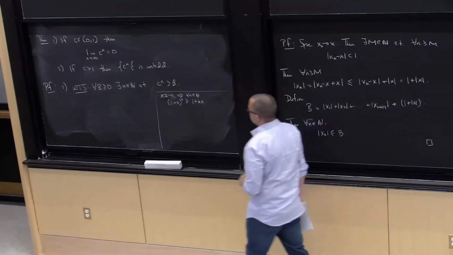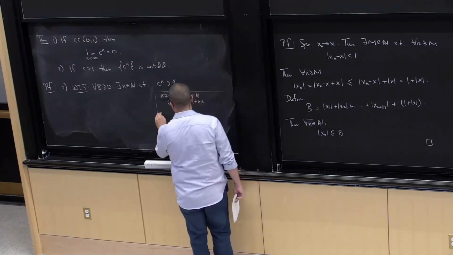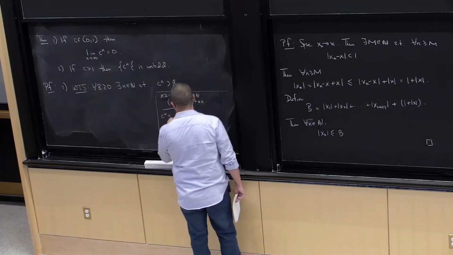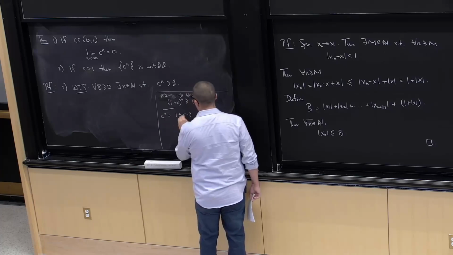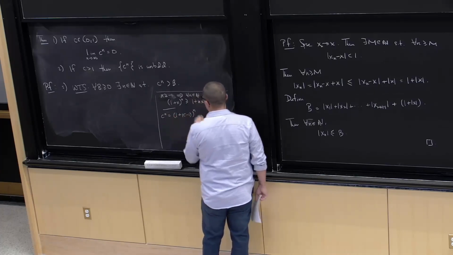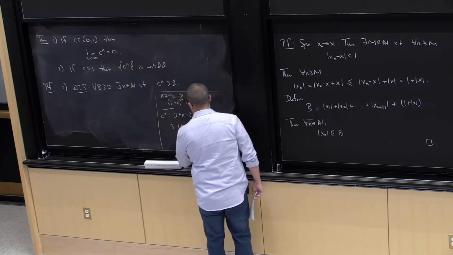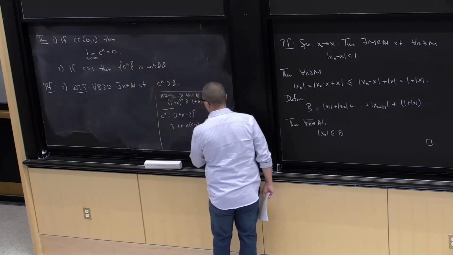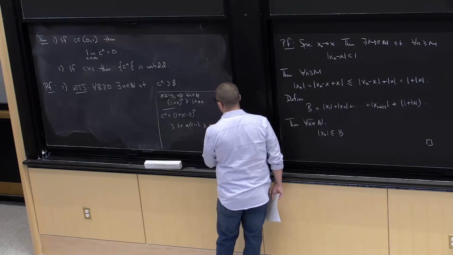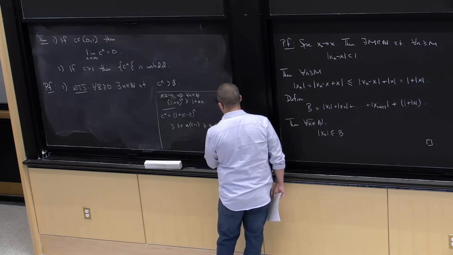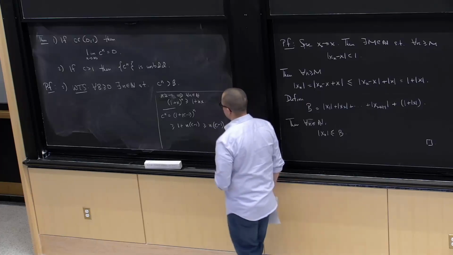Okay? So that means c to the n, which is equal to 1 plus c minus 1 to the n. So this is my x, is bigger than or equal to 1 plus n times c minus 1, which is bigger than or equal to n times c minus 1. You see?